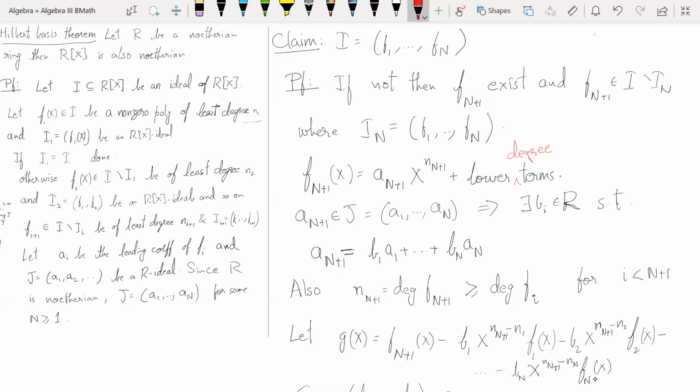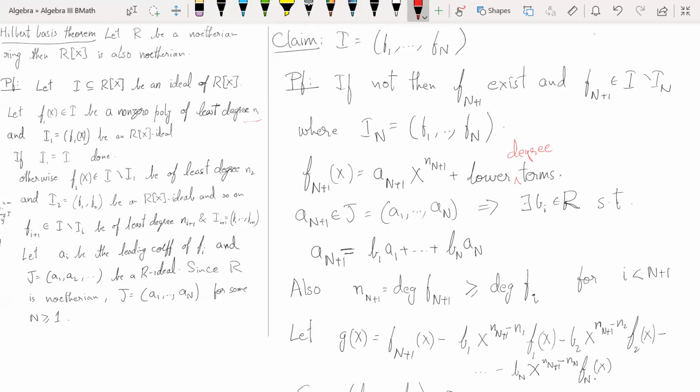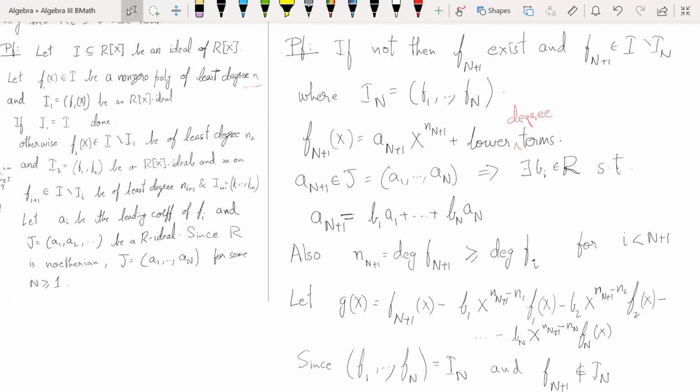So the degrees of these functions are non-decreasing. It may happen that the degree of f(N+1) is the same as the degree of fN, but it can't go down. So now we'll cook up a polynomial which we will show is in I minus I sub N, and which has degree less than the degree of f(N+1).